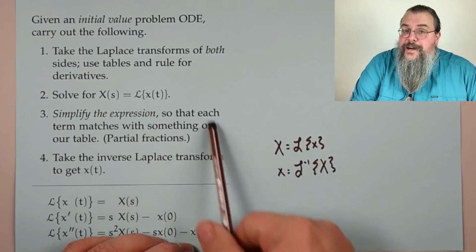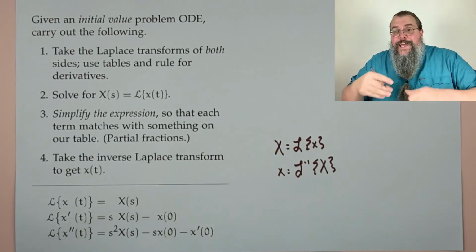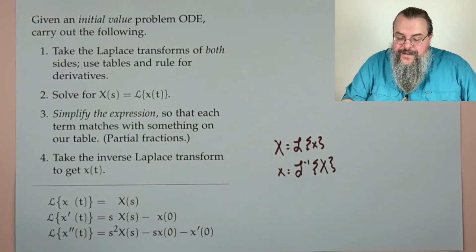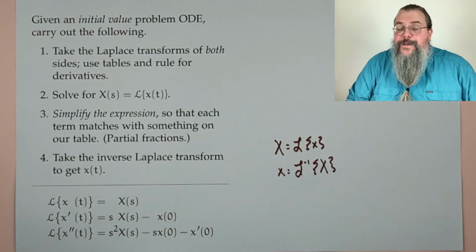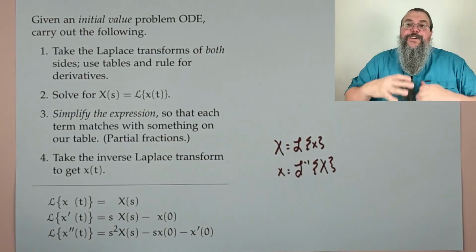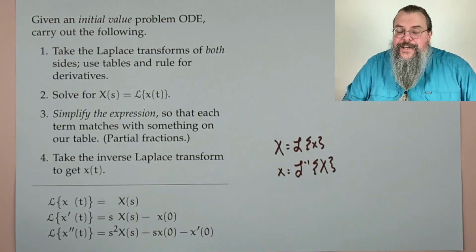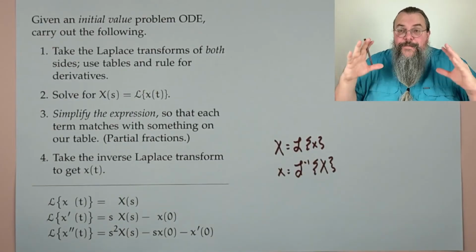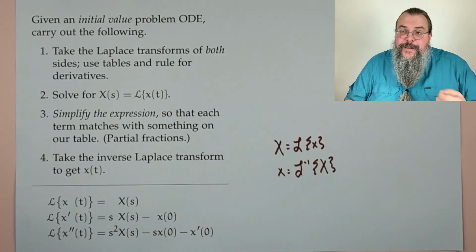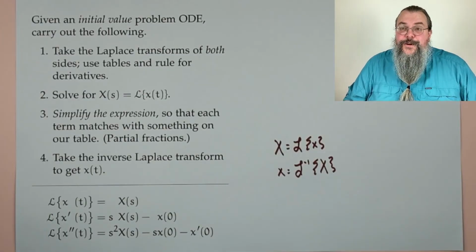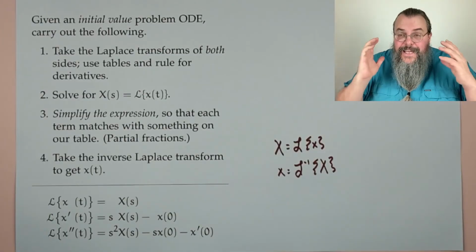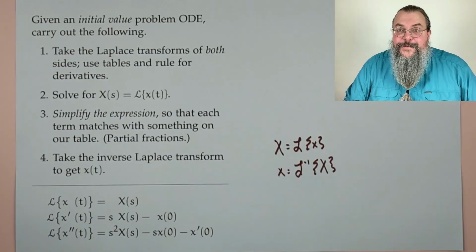By simplifying, we have things that we can take the inverse Laplace of, and therefore we can solve for little x. Life is good. We have our solution to our differential equation. A strategy. So now we see this is why we came. This is why we're studying Laplace transforms. It can help us solve differential equations.